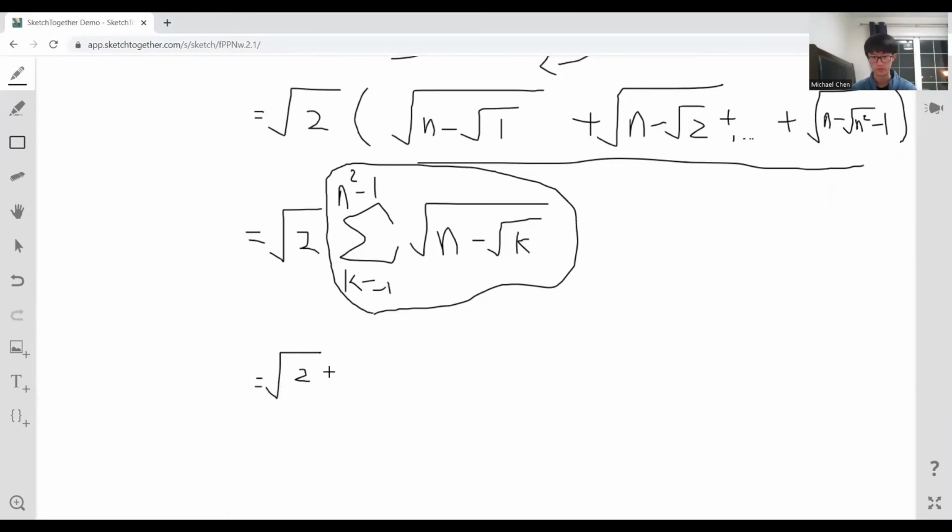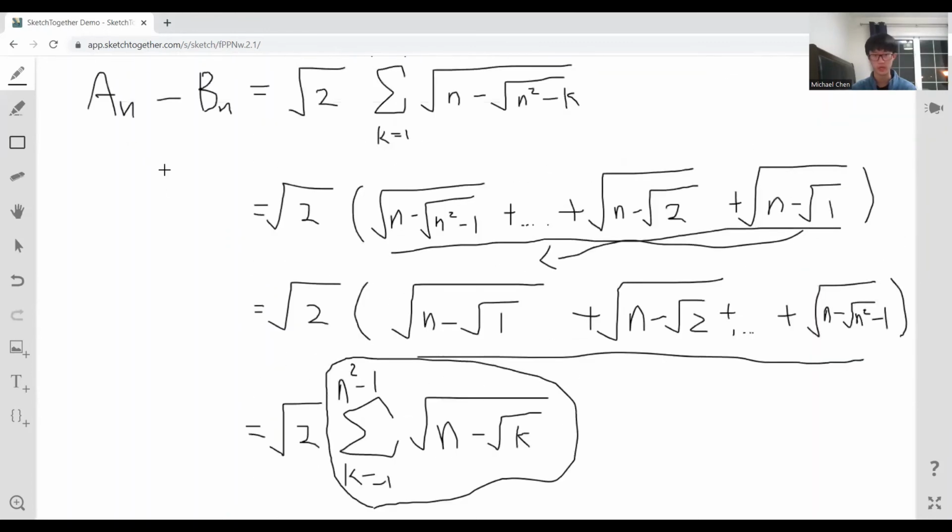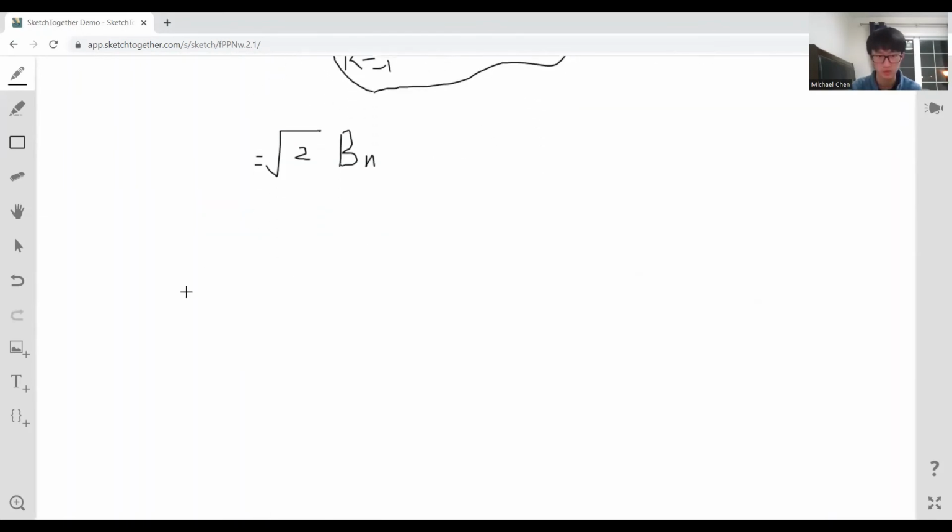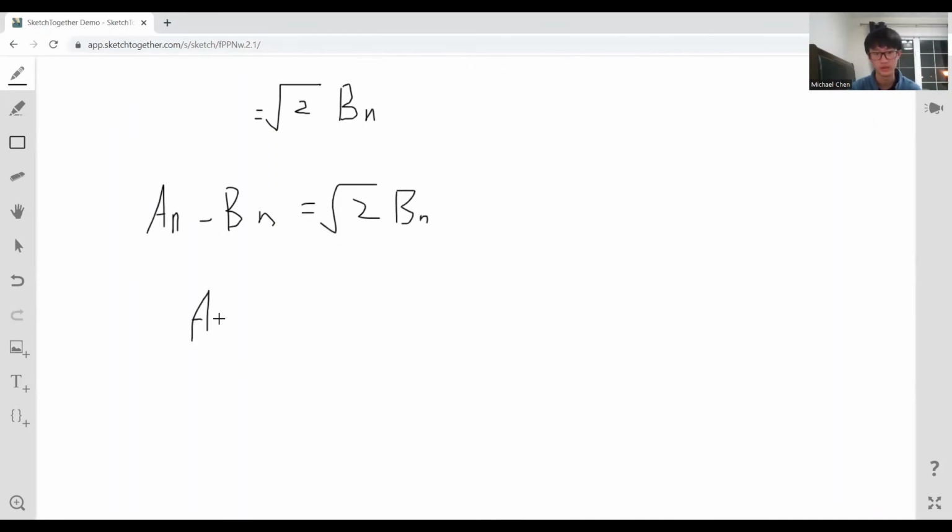So this is equal to root 2 times b_n. So we have a_n minus b_n is equal to root 2 times b_n. So we have a_n is equal to 1 plus square root 2 times b_n.